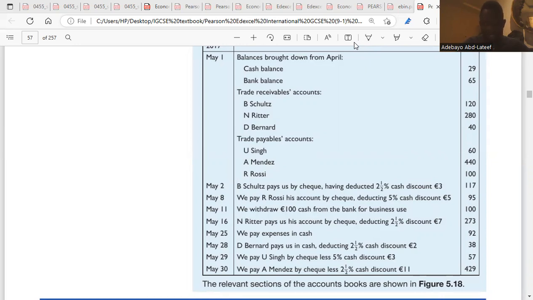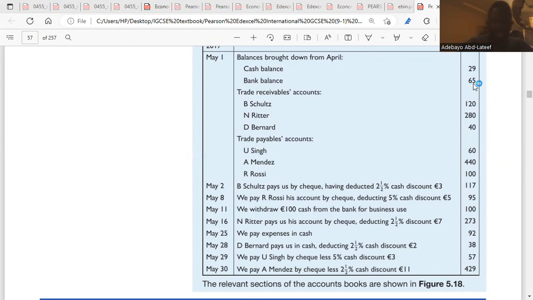Can you see that? We have 65 for bank, and the cash balance for May 1 is 29.